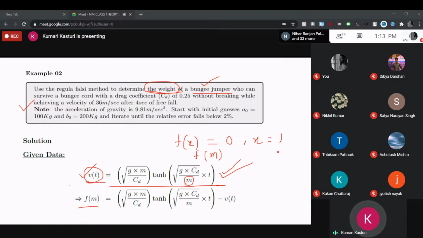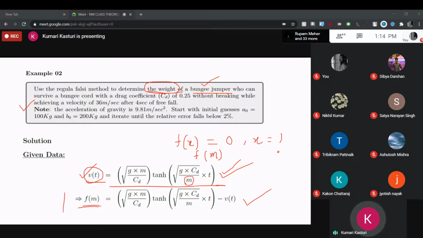So just rearrange this equation, and after rearranging, whatever equation you get is the equation in the form of f of m. From this equation we can rewrite that one. F of m, the function of mass or weight, is equal to the square root of g into m divided by cd, into tan hyperbolic of the square root of g into cd by m, into t, minus vt.